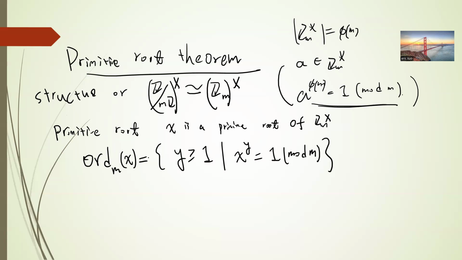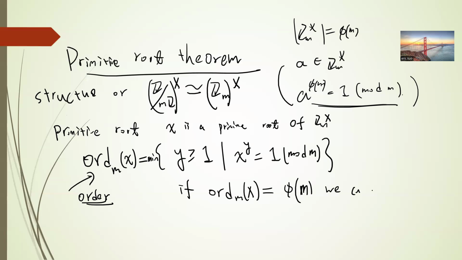So the order of x mod m is the smallest y such that x to the y is 1 mod m. And if the order of x is phi(m), we call x a primitive root.